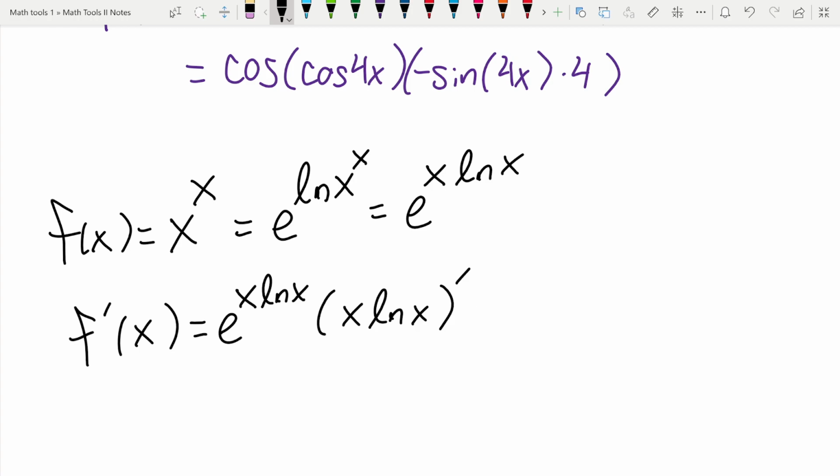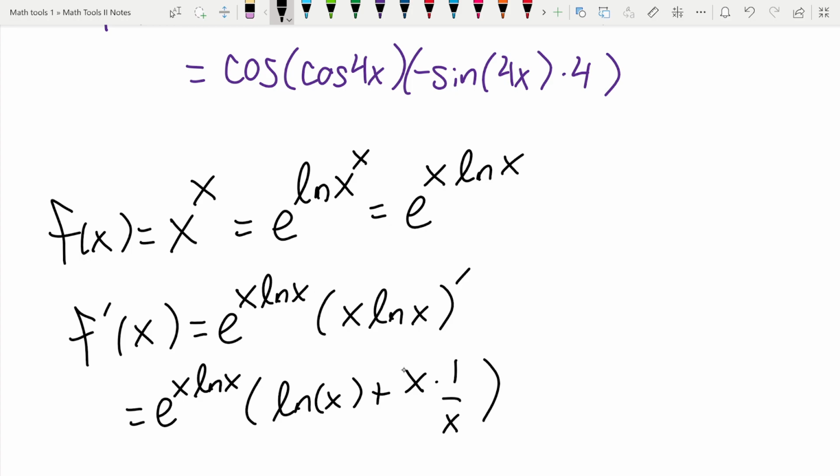Okay, so we need the product rule for the inner part. So this is e to the x ln of x times the derivative of x is just 1, so natural log of x, plus the derivative of natural log of x, which is 1 over x. So these cancel and we just have 1.